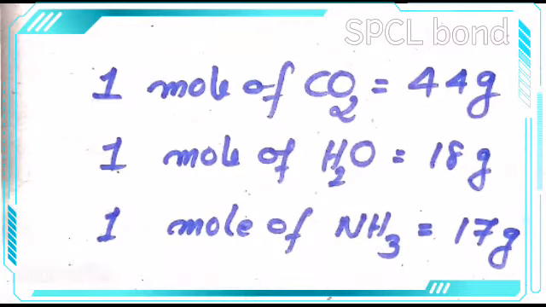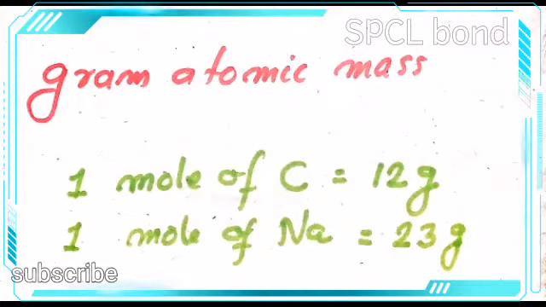Clear now? In the case of atoms, 1 mole of a substance is equal to its gram atomic mass. For example, consider carbon. What is the atomic mass of carbon? 12. If we express this 12 in grams, we can say 1 mole of carbon is equal to 12 grams.